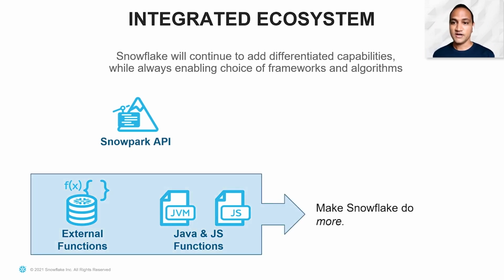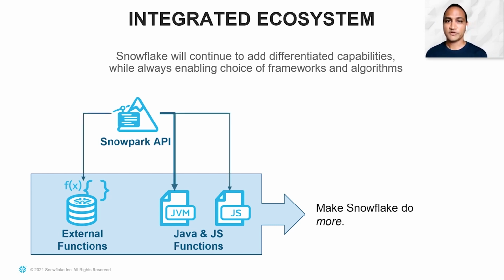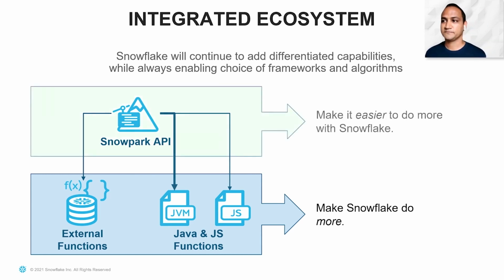And we want to make sure that Snowflake can do more, by making it easier for developers, so you can push your code inside of Snowflake and then run your pipeline closer to your data sets. This way, you can make Snowflake do more.